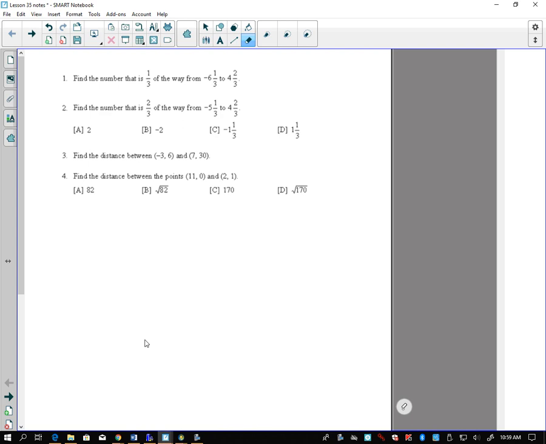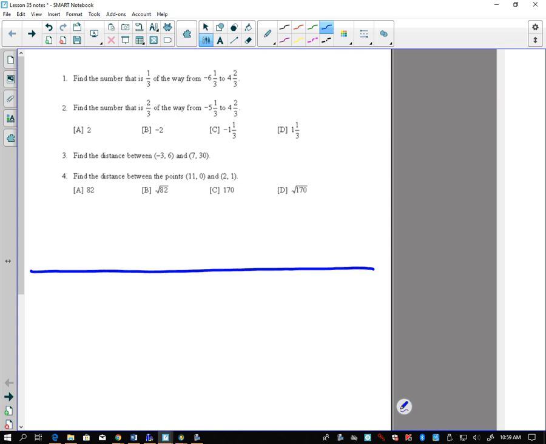And it says we want to find a number that is 1/3 of the way from negative 6 1/3 to 4 2/3. So, like if we took a number line, right, and we were counting by thirds, right? So let's get 0 on here, and -1, -2, -3, -4, -5, -6, right?